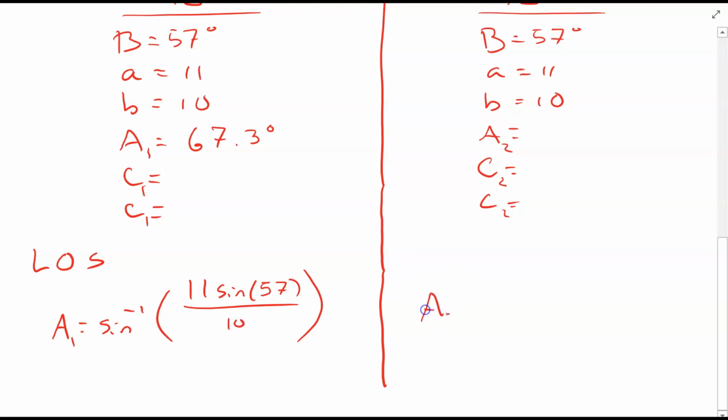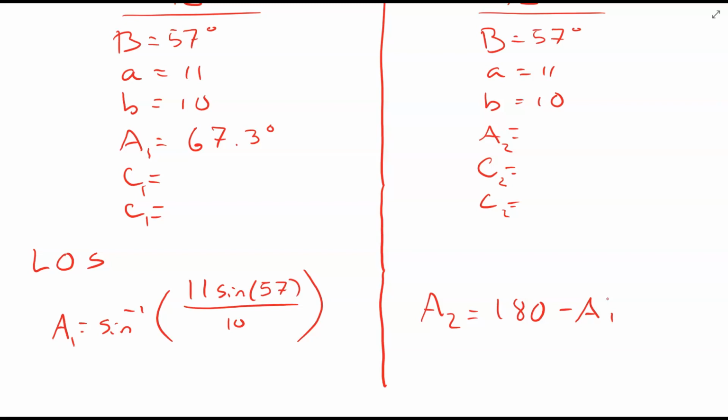So for triangle 2, I can find angle A by doing 180 minus my answer for triangle 1. And that will always be the case.